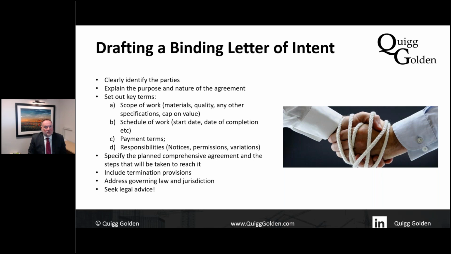There was a famous situation of Cleveland Bridge and British Steel, where Cleveland Bridge were a structural steel fabricator and erector. British Steel were to supply the sections, but very importantly, supply certain nodes. They were in this situation where they couldn't agree the main contract, so they entered into a letter of intent.